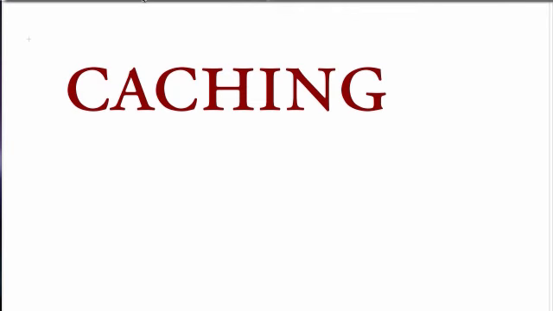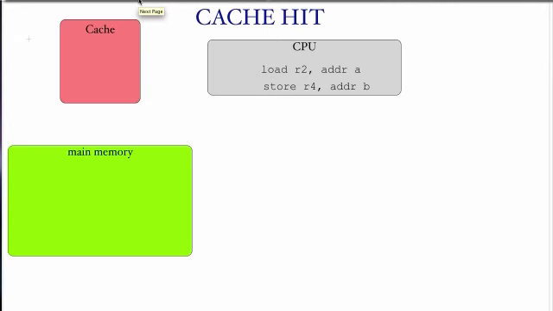Okay, so let me set up the second problem. This is caching. So, how do I imagine my computer works? I imagine there's a nice green box, a nice red box, a nice gray box. One of them is called the CPU. It does instructions. It has some local cache on its chip. When it loads an address like A, it says, hey, what's A?